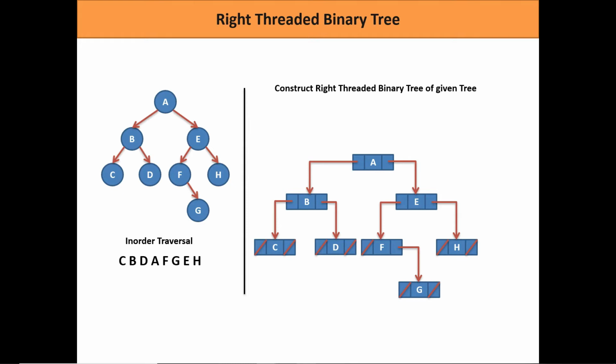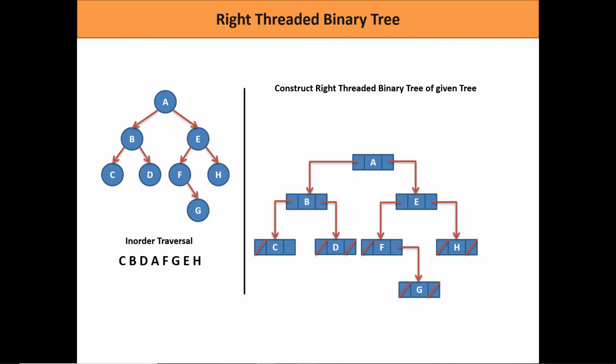So now to construct right threaded binary tree, we have to fill all right null links with its in-order successor. So now here we have to see the in-order successor of the particular node.